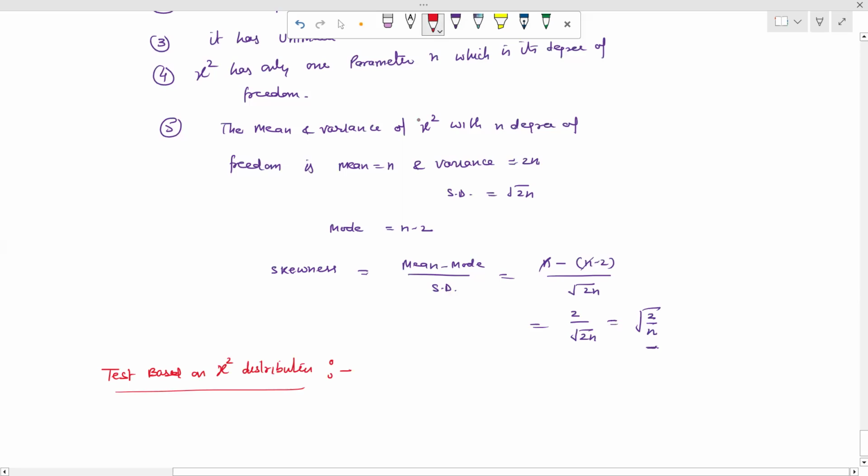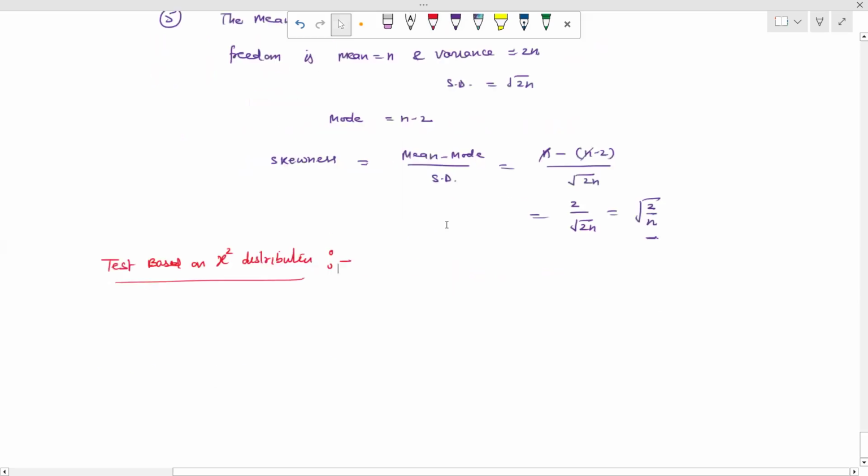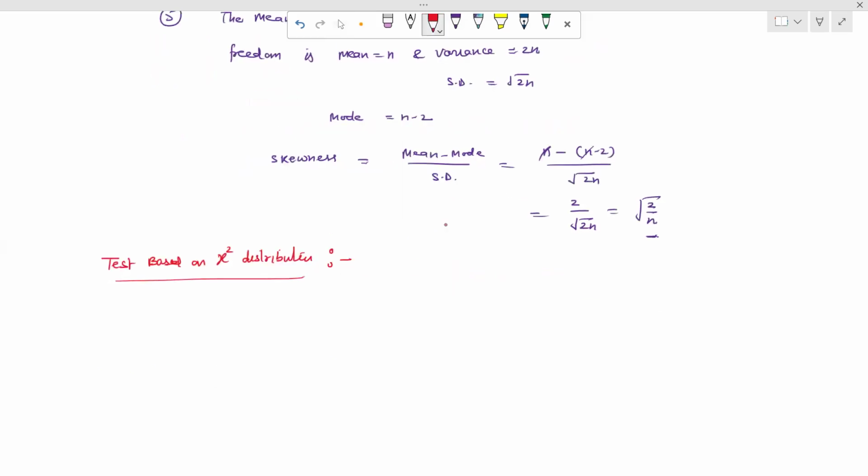So where do we use this chi-square distribution? First, we have the test of significance for population variance.